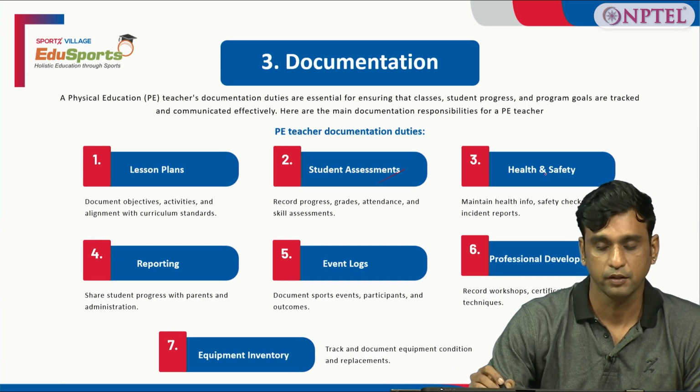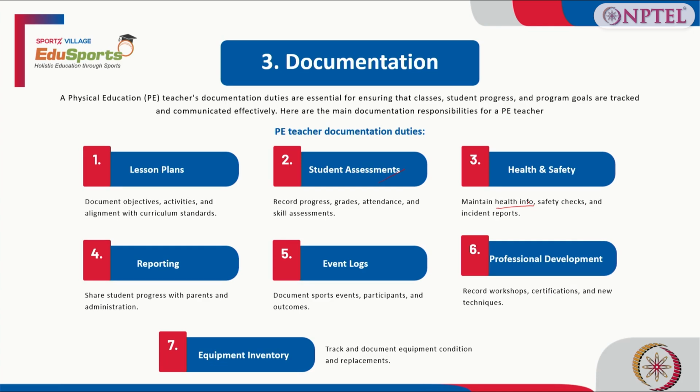Third is health and safety of children. You need to maintain the health information for children who may have some preconditions and could be at risk during physical education classes. You need to keep a record of these children so that in your absence, another teacher who is substituting for you can refer to this documentation and be aware of children who might be at risk or should not be involved in vigorous physical activity.